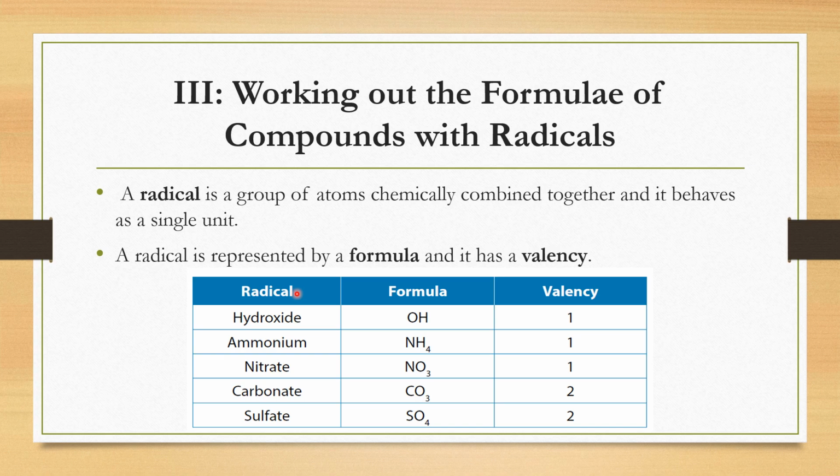For example, the radical hydroxide has formula OH and valency 1. Ammonium has formula NH4 and valency 1. You can see other examples of radicals in the table.